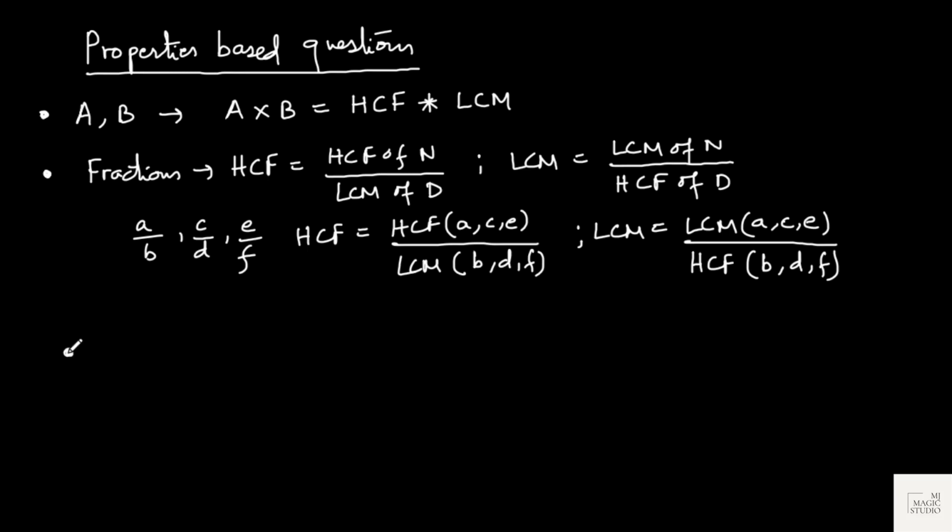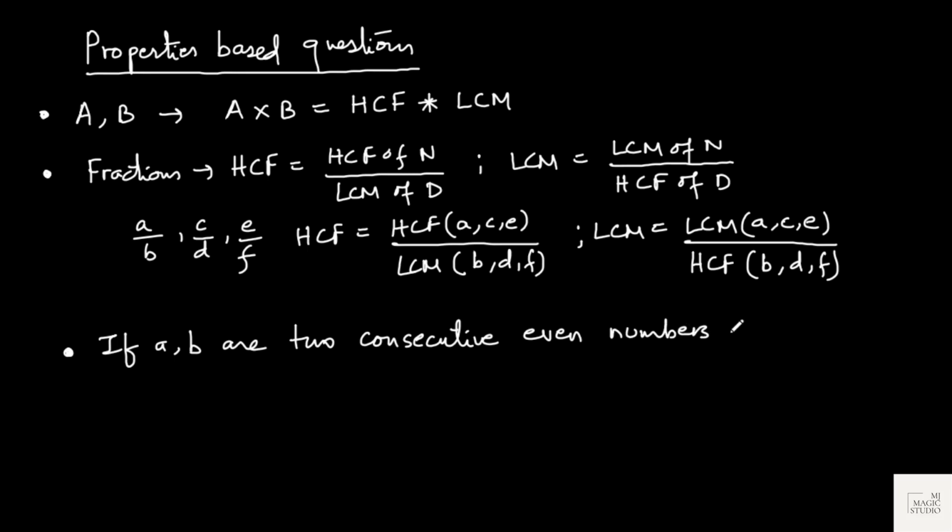Another interesting property which can be used as a formula, if you want, is: if A, B are two consecutive even numbers, then the LCM of A and B is nothing but half of A into B. As simple as that.